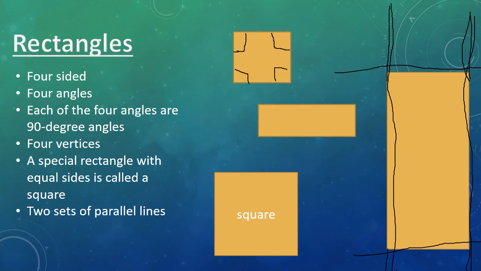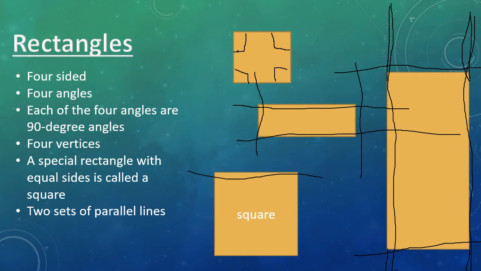Let's take one more look at another example of a rectangle with 2 sets of parallel lines. Parallel lines are lines that are never going to touch. So if I extend these 2 sides using my imagination or using a pencil, then you can see there's one set of parallel lines and here's the other set of parallel lines. And that is true for all rectangles, including squares.